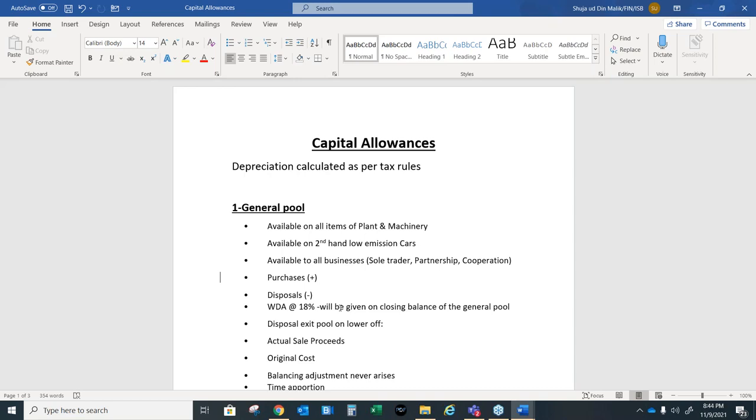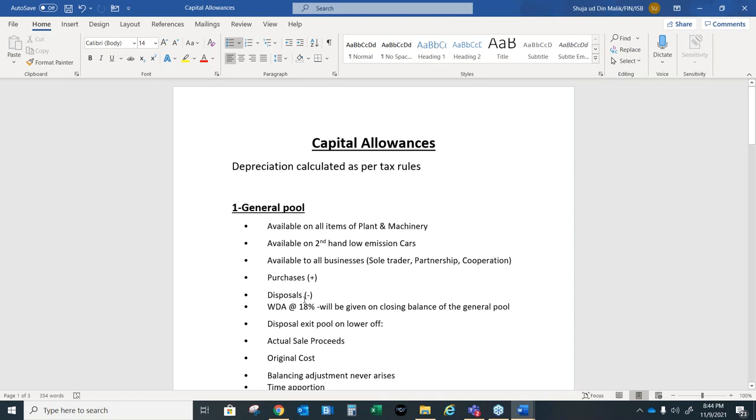When we calculate the gain or loss on the disposal of an asset, we compute two things: number one is selling proceeds, number two is the tax written down value. Any asset that is grouped in the pool will not have any individual tax written down value. So the balancing adjustment never arises on the pool, because there is no tax written down value available for any asset that has been pooled.